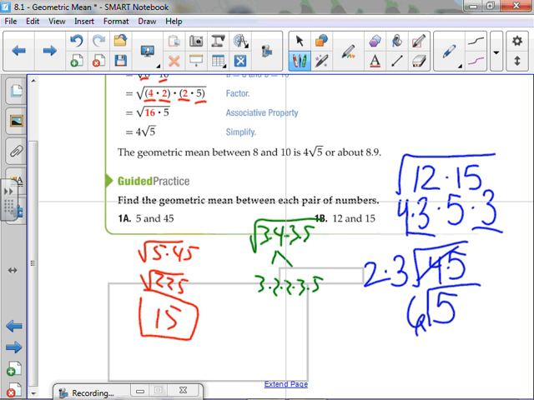Now here's the thing about square roots. Anytime you have a factor repeated twice inside of a square root, that's 3 times 3, and then you take the square root of it, so it just becomes 3. Or, I'm sorry, 3 times 3 is 9, and the square root of that is 3. So anytime you have a pair of numbers inside of here, you just cross them both out and bring them outside. 3 times the square root of 2 times 2 times 5.